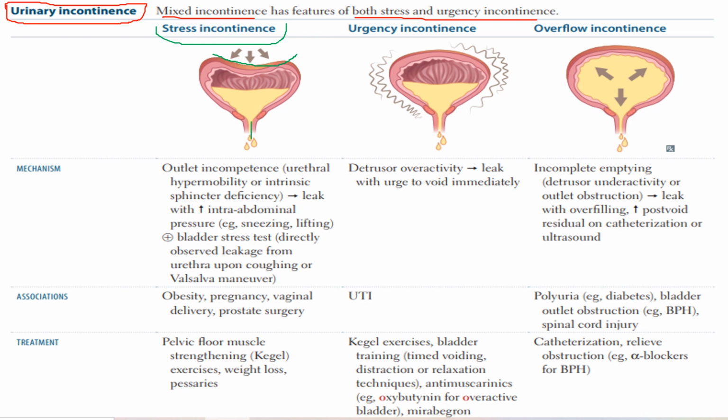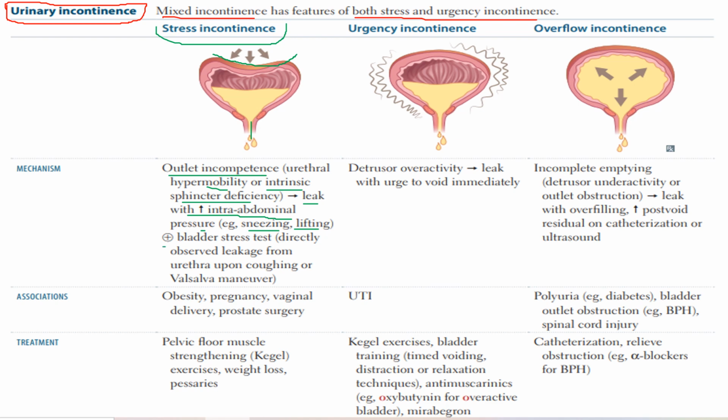So its mechanism is outlet incompetence, urethral hypermobility, or intrinsic sphincter deficiency, which leads to leakage of urine with increased intra-abdominal pressure, such as sneezing, lifting, and coughing.